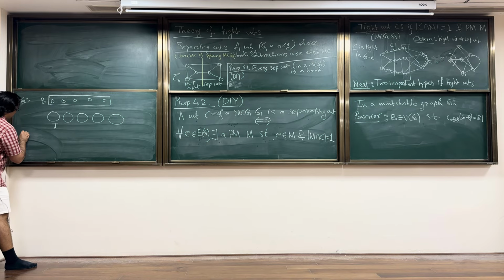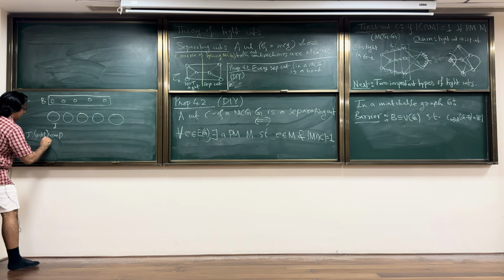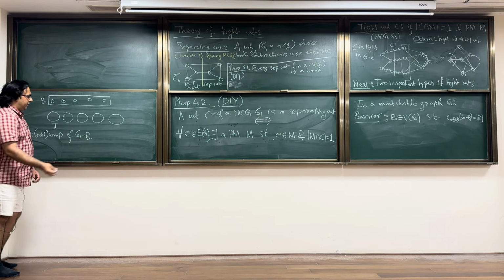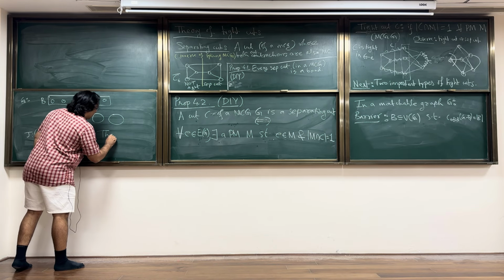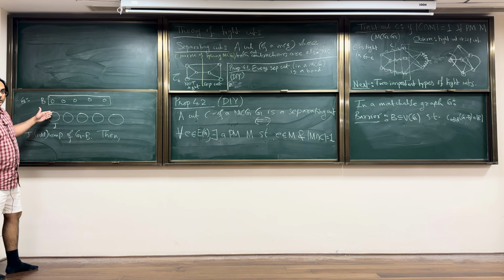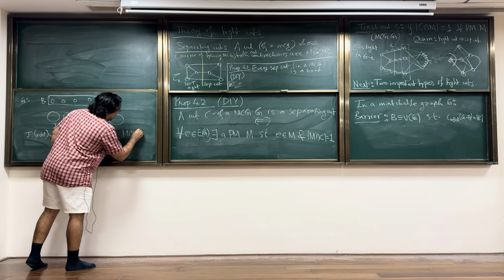So let's say J is an odd component of G minus B. Then do you all agree that every perfect matching will use exactly one edge from this cut?